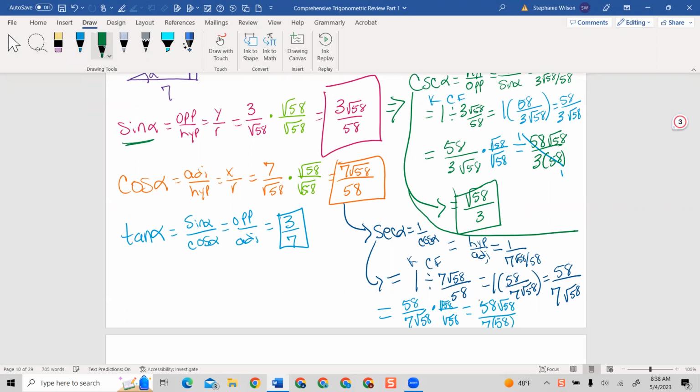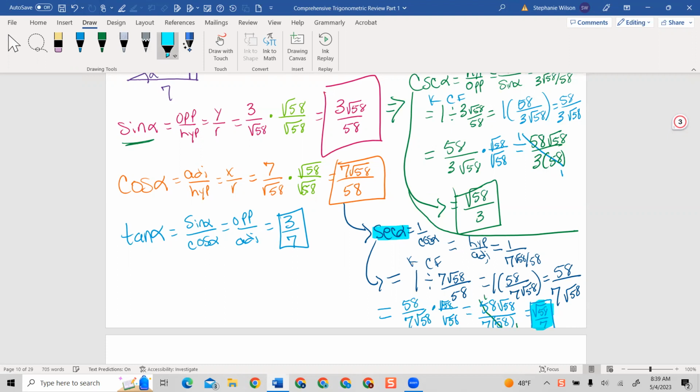And I can reduce the 58s because it goes into itself once. And that leaves me with square root of 58 over 7. And that's my answer.